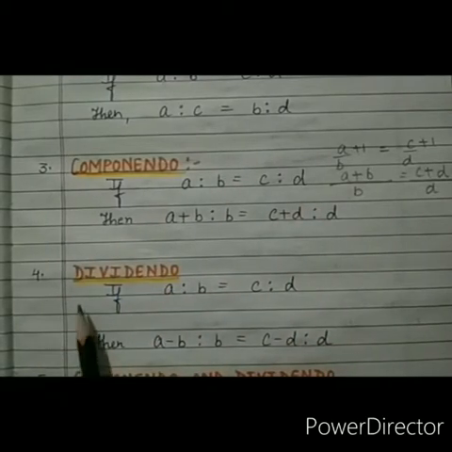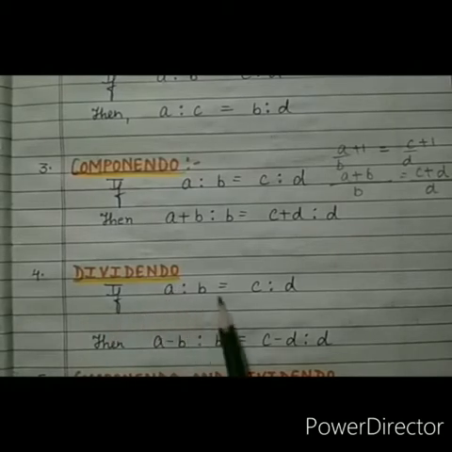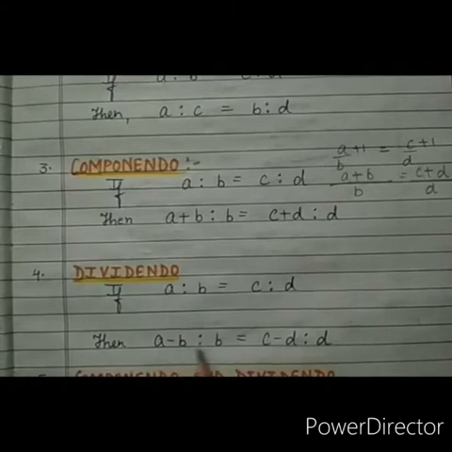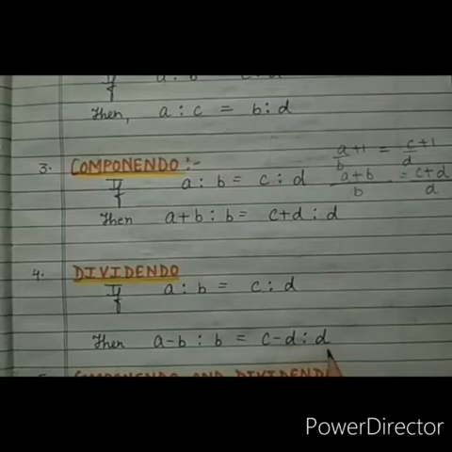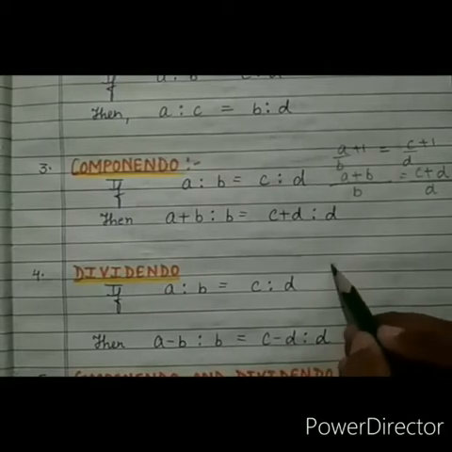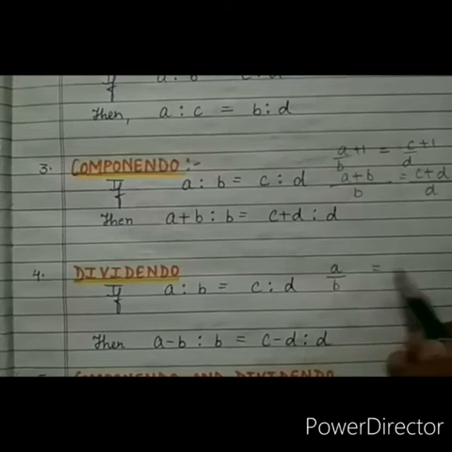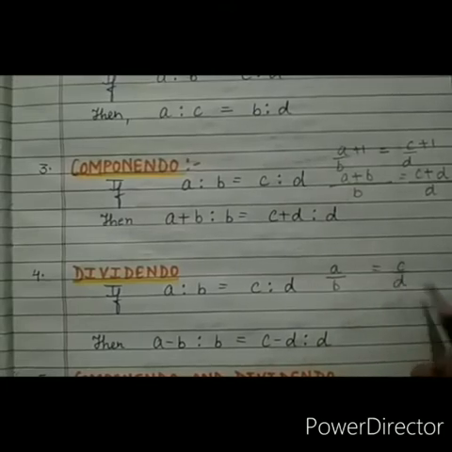Now the fourth property is dividendo. According to this property, if A is to B is equal to C is to D, then A minus B is to B is equal to C minus D is to D. For this property, we have to subtract 1 on both sides.